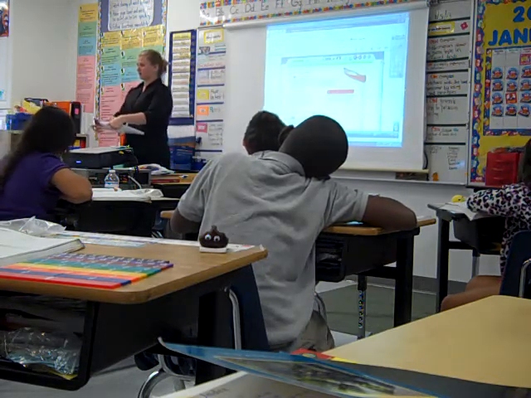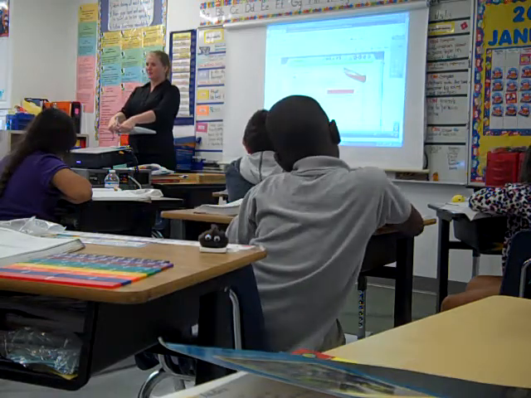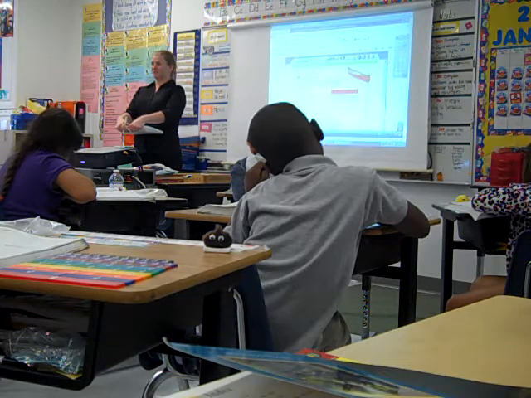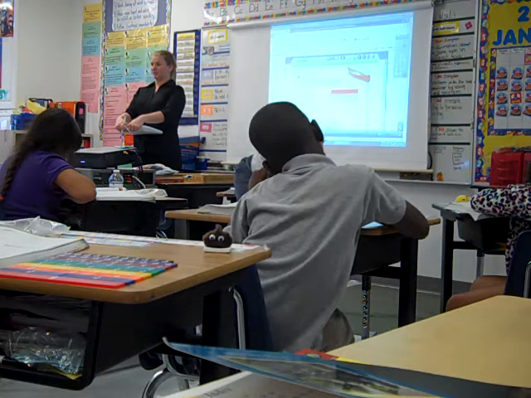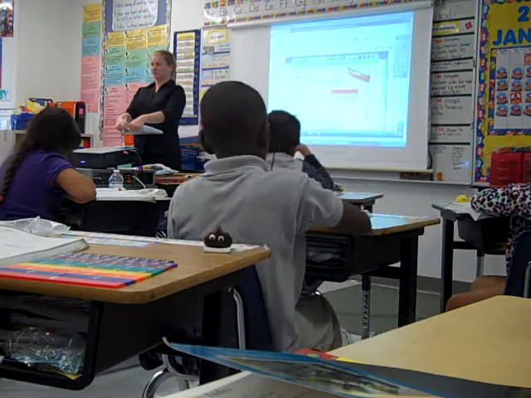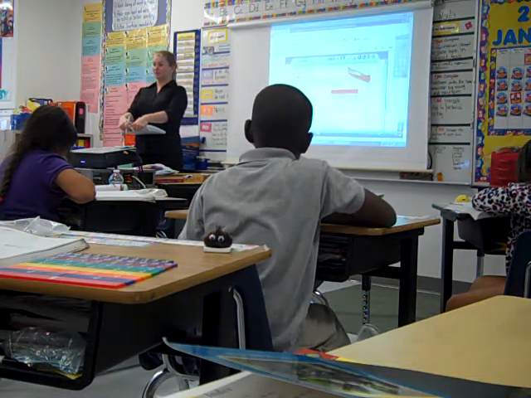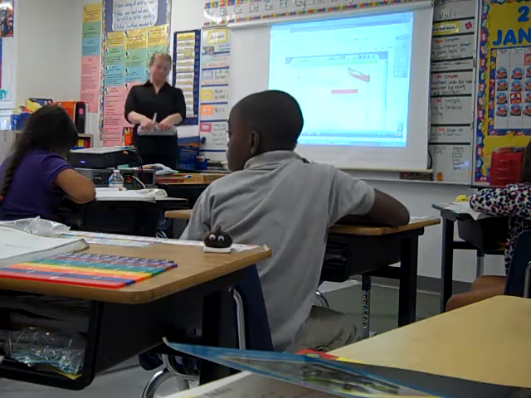What was my trick that I just taught you guys? Robert: If it has the same numerator, and there's a denominator that's smaller than the other one, then that one is bigger. Very good.